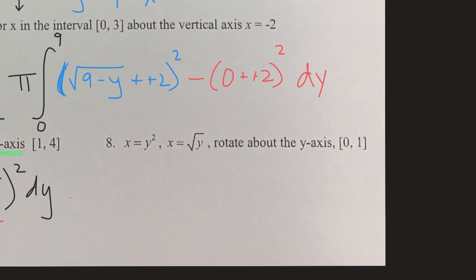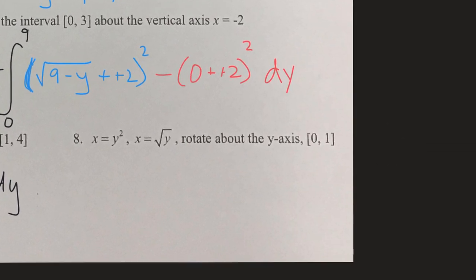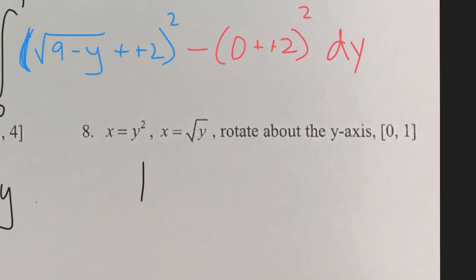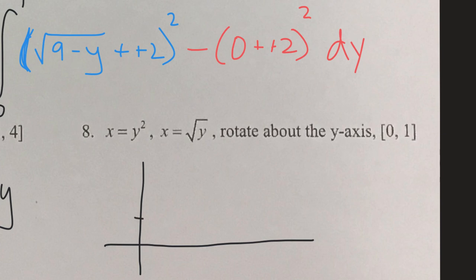Okay, so how about this one? Here we have x equals y squared. x equals root y, rotated about the y-axis from 0 to 1. Okay, so we just did x equals root y. That one was pretty okay. So there's 1 and here's 4. Oh, we just want 0 to 1. Okay, never mind. We don't need that point.